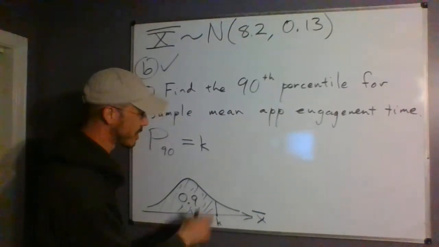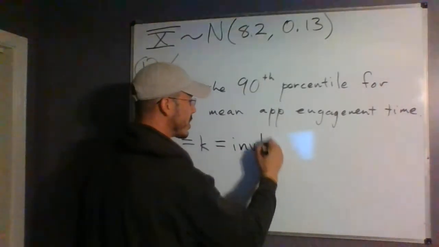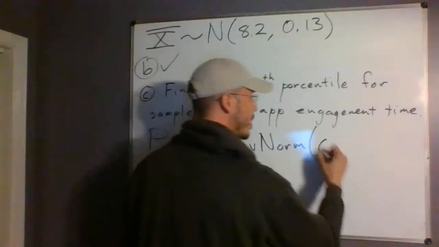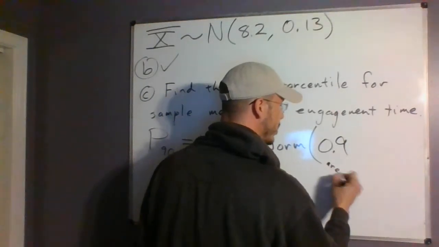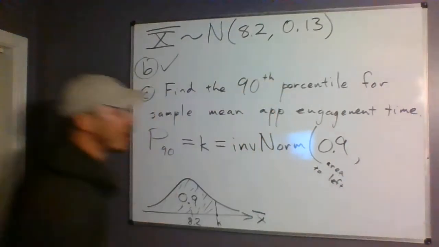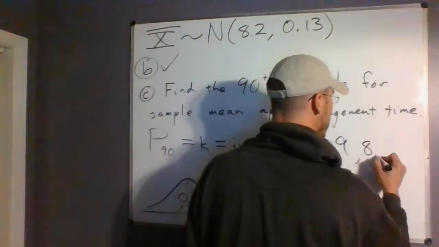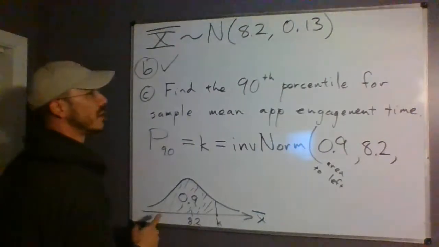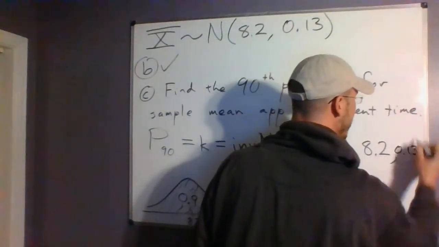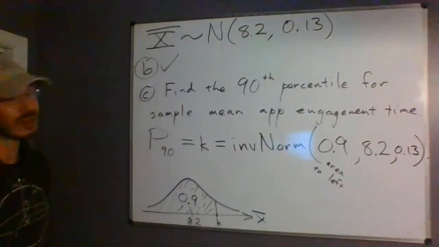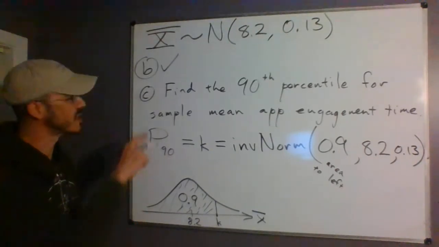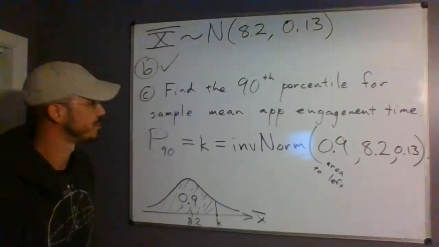To find that, I'm going to use the inverse normal function, which has the inputs 0.9 for the area to the left, that is, 8.2 for the mean, and finally 0.13 for the standard deviation. So not the standard deviation of app time use, standard deviation of sample mean app time use.